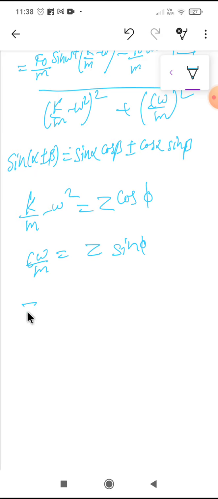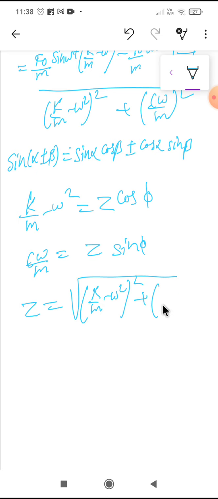By using the trigonometric identity and squaring both terms, we get z equals the root of (k by m minus omega square) whole square plus (c omega by m) whole square.